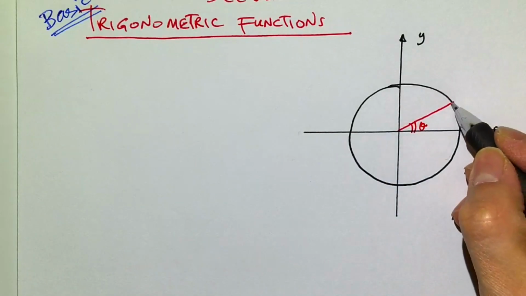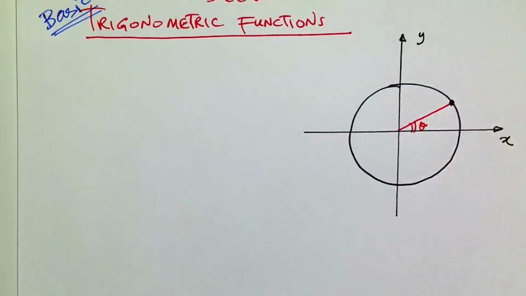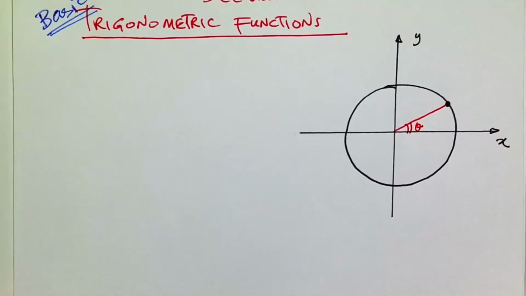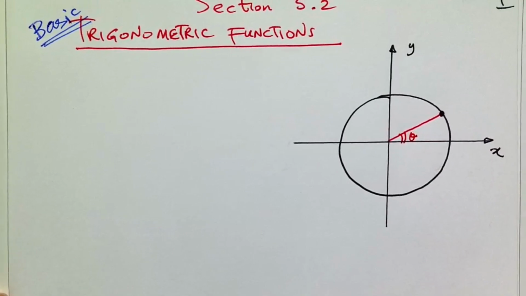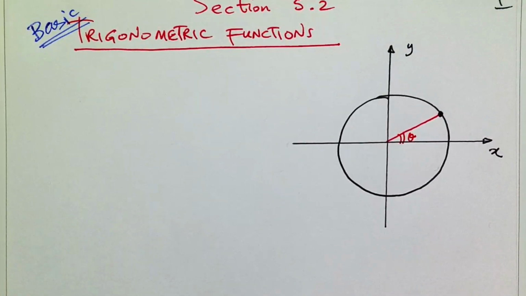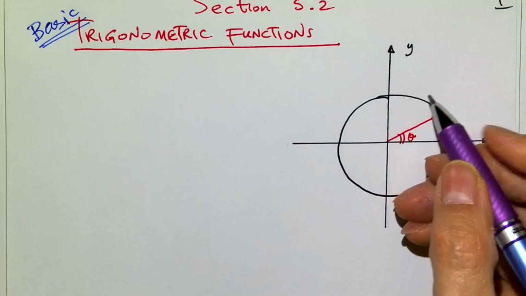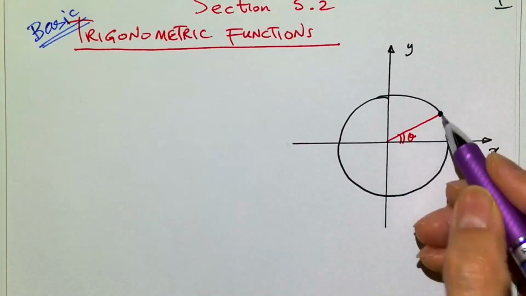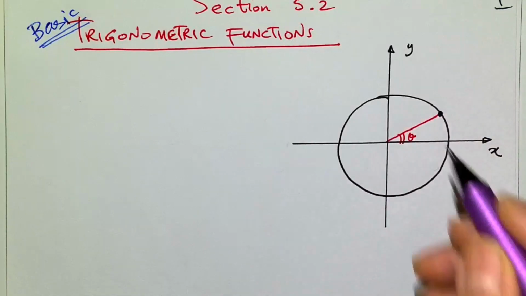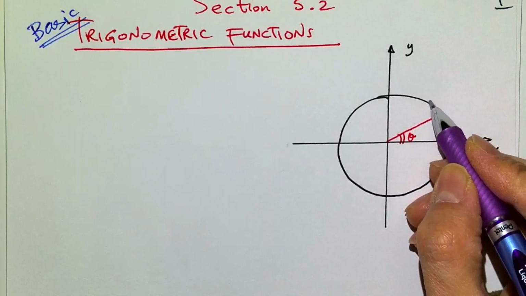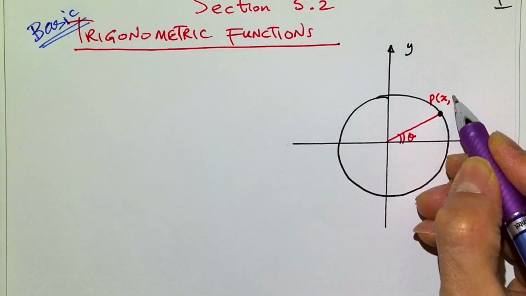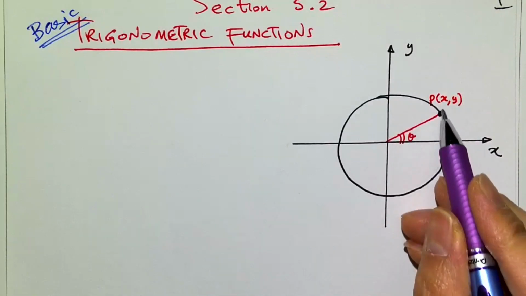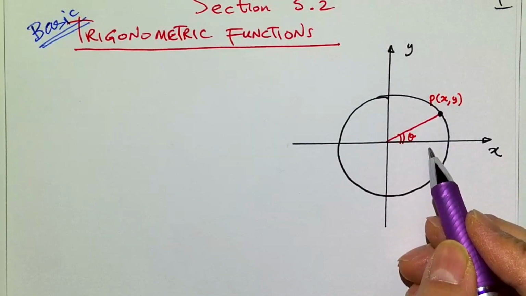Now that point on the unit circle has coordinates, just like in basic algebra. Remember that? It has x and y coordinates. Here in trigonometry we calculate them differently, even though they're the same thing, x and y coordinates. So let's call it by its original name, point P, with coordinates x comma y.